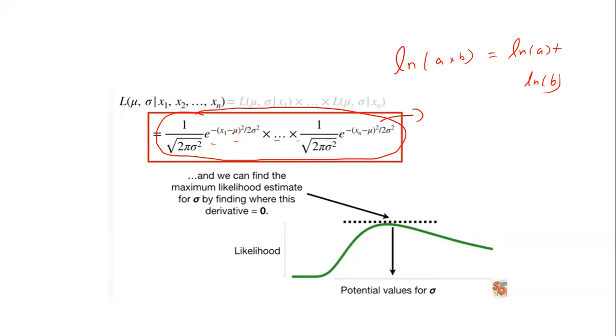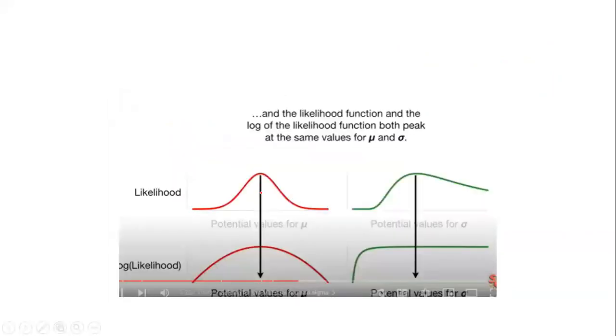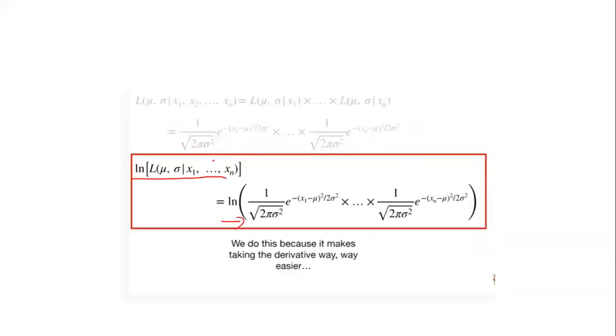So before applying derivation, we are going to take the log of this. When you take the log of this equation, the equation does not change. That's what the slide says. So why are we taking log?